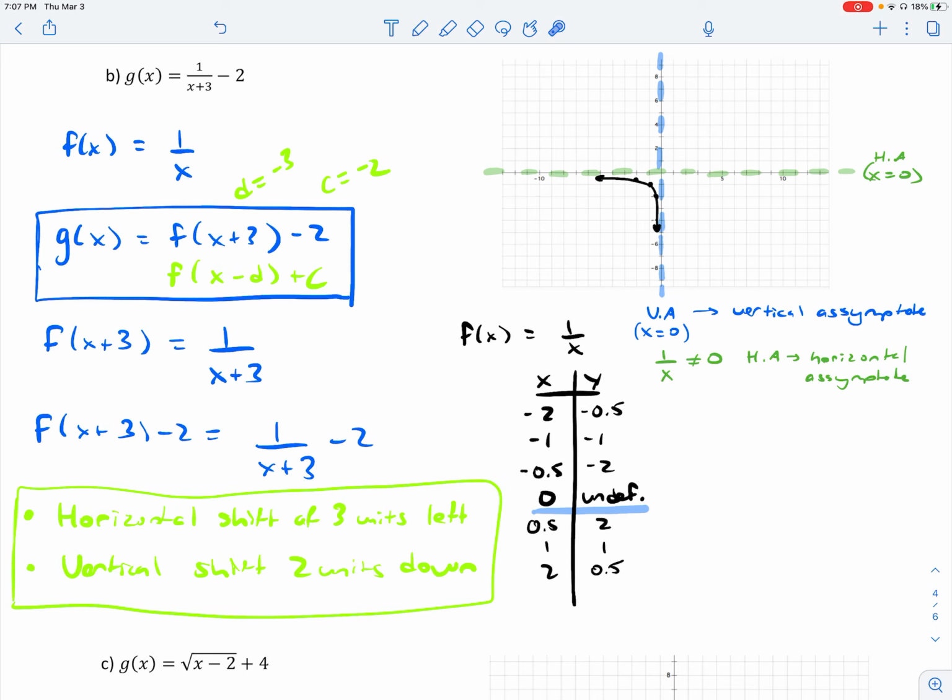Now, the behavior of this is that it's going to keep approaching the VA, and this will keep approaching the HA. And I'll show you how that works later. Let's just plot the other side. So now we're doing these points, a half, 2, 1, 1, and then 2, a half.